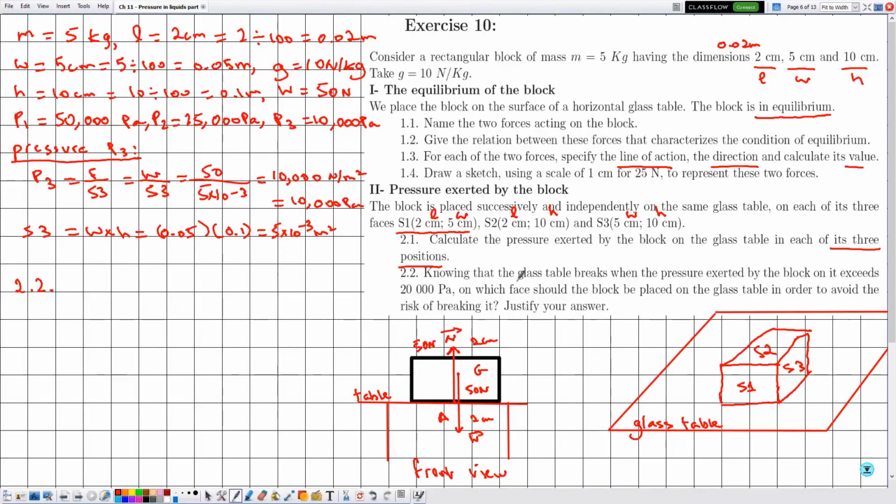So they are asking us on which face the block should be placed on the glass table. This face is given by P3. So now let's explain.